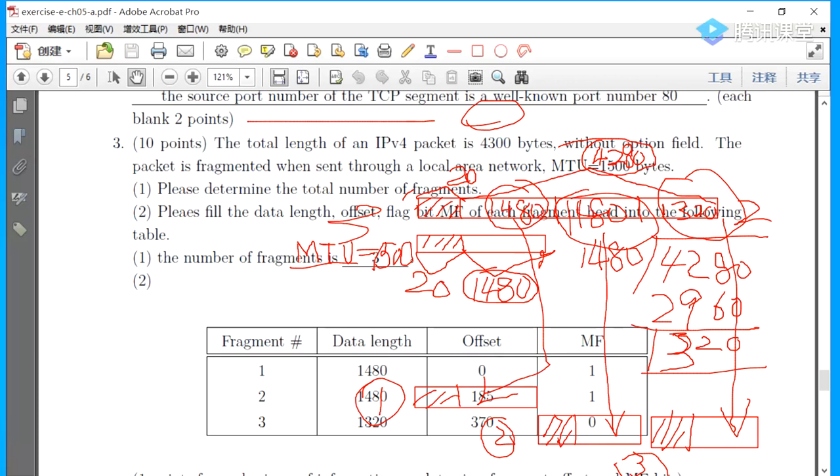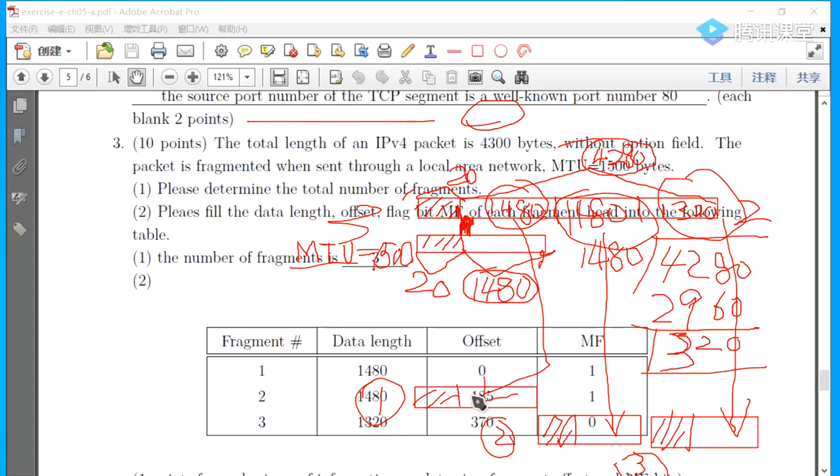The offset, the first one is 0. First one, that means the beginning of the first segment is located at the beginning of the original packet, right? This is the offset.